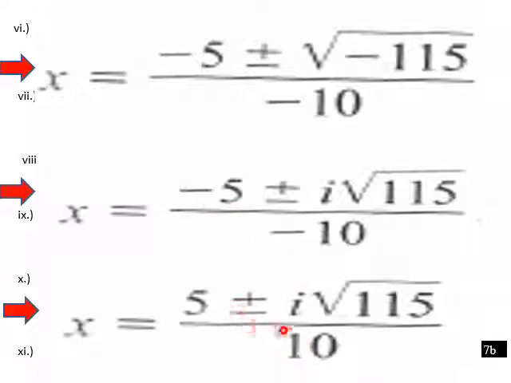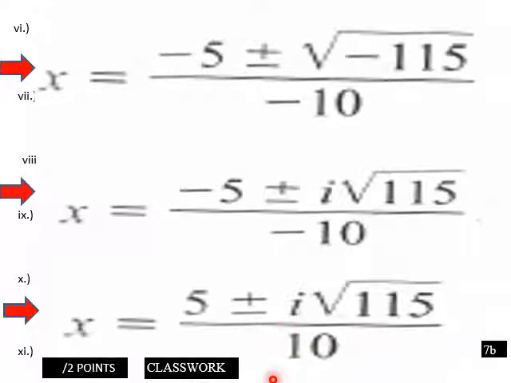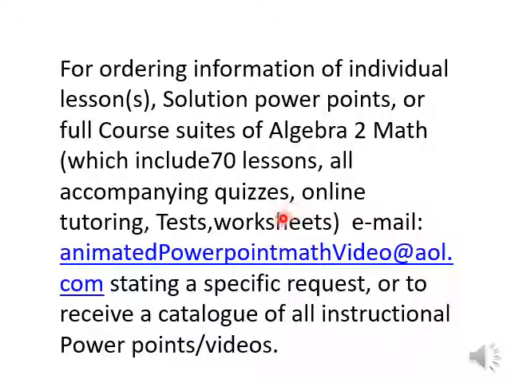Then we have negative 5 plus or minus i times radical 115 over 10. That becomes this here. We're going to leave it at that. So solutions are 5 plus i times radical 115 over 10 and 5 minus i times radical 115 over 10.